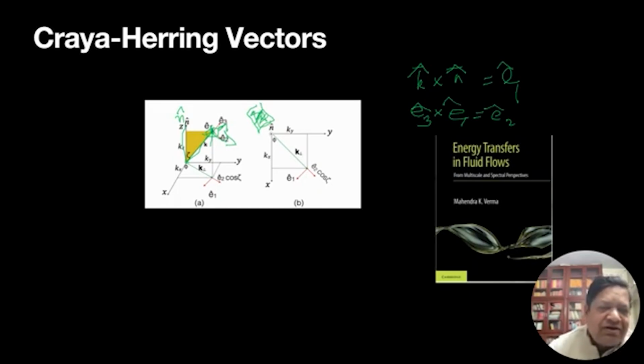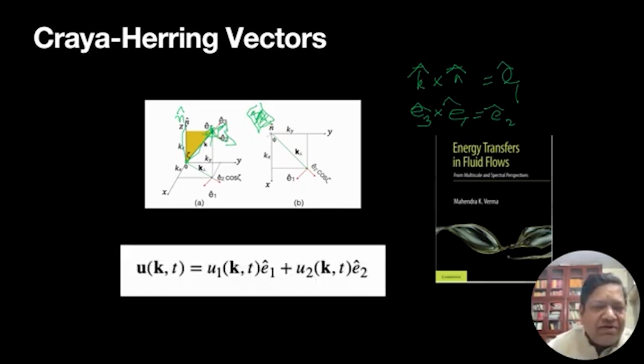This is projecting that onto the XY space, but it's easy to visualize these two basis vectors of the Craya-Herring basis in 3D. So in 3D we can write any incompressible vector u(k) as a combination of u1 e1 plus u2 e2. There are only two components and they are independent, since e1 and e2 are orthogonal and independent.